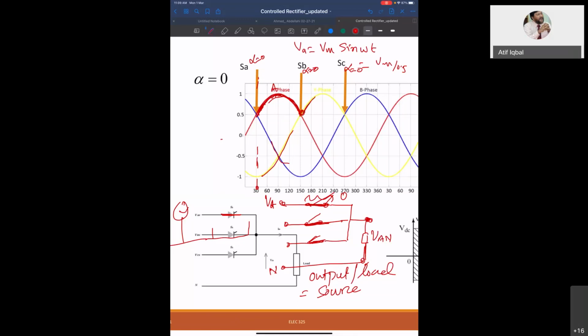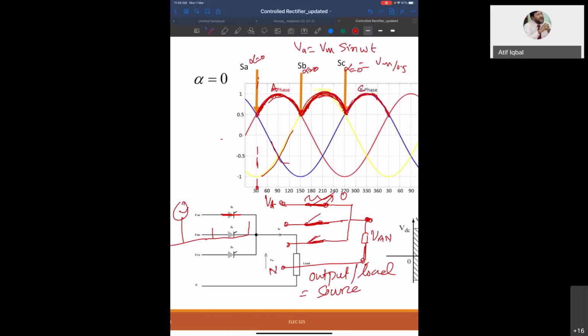It will follow the source voltage, so the source voltage that is now highest is VB. And then at this point, thyristor C will be triggered, so the output voltage will be the same as VC.